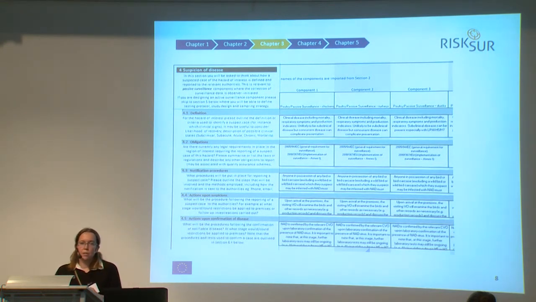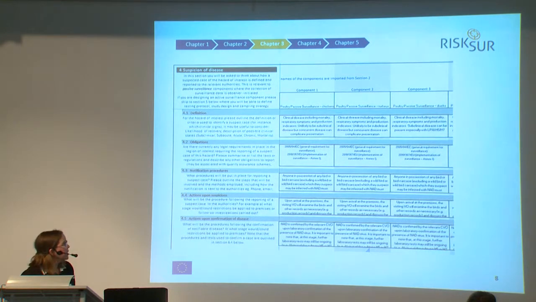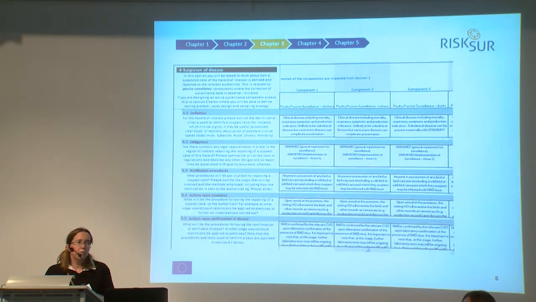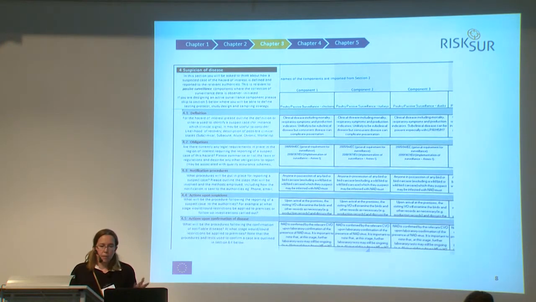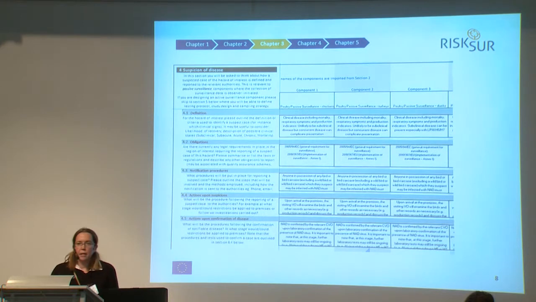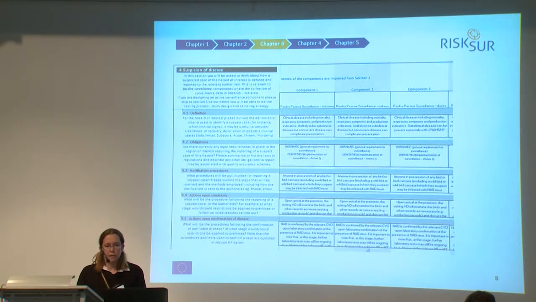If they can't rule out notifiable disease based on that discussion, the duty vet will then inform the farmer and the vet that they must not move any birds on and off the site, and he will go out and visit the farm. He'll inspect the birds, look at records. If he can't negate the case based on clinical signs, then it becomes an officially reported case, and restrictions are officially placed on the premises.